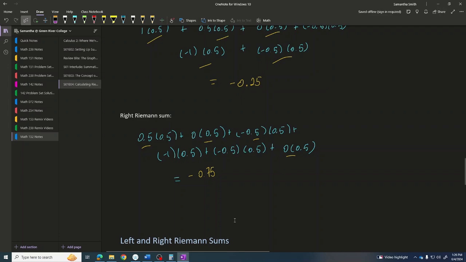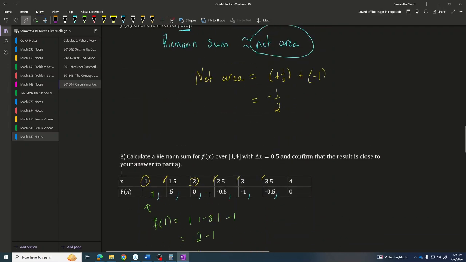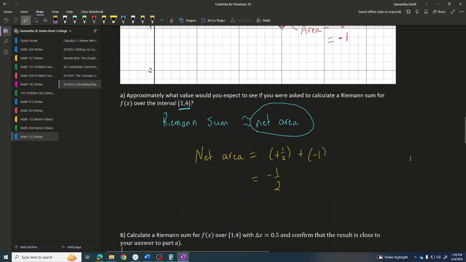Again, 0.75 is a slightly different estimate, but it's still pretty close to the net area that we found in part A. And that is what we want. The Riemann sum, whether it be a left Riemann sum or a right Riemann sum, should always be outputting a value that is close to the net area, because the Riemann sum is an estimate for the net area.